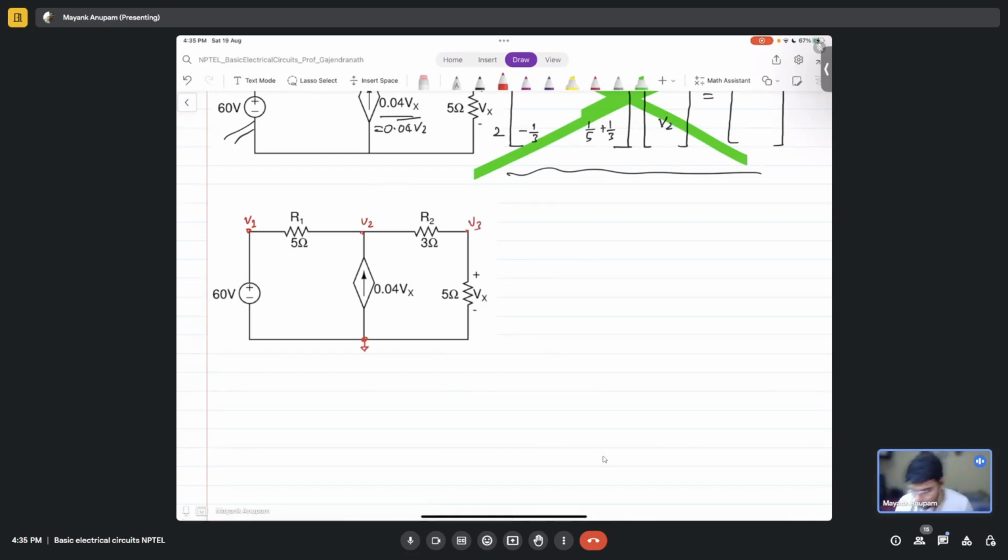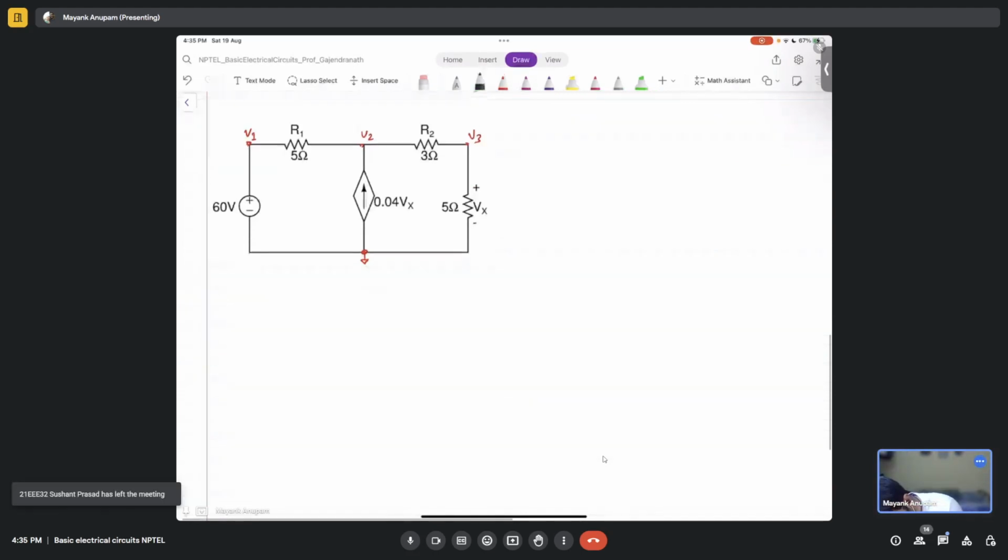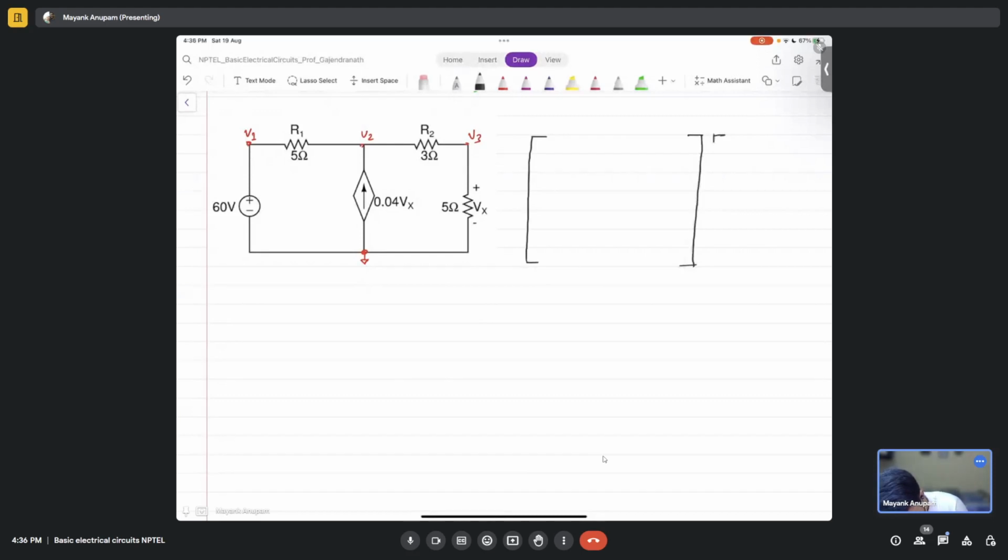So we'll not worry about it. All right, so now we have a 3 cross 3 matrix. Fine. So we have v1, v2, and then v3. All right, tell me, what will be the nodal equation?